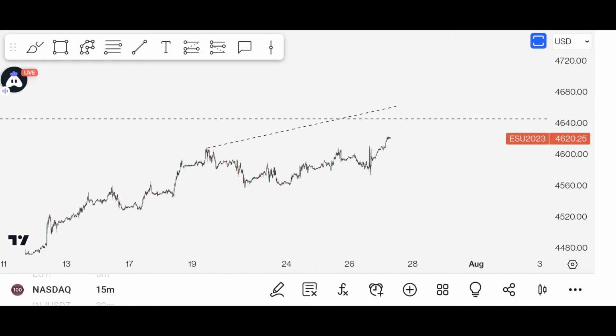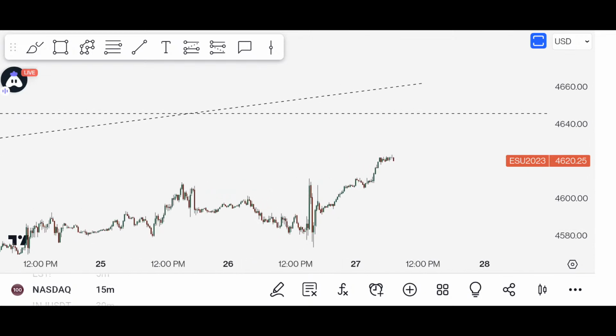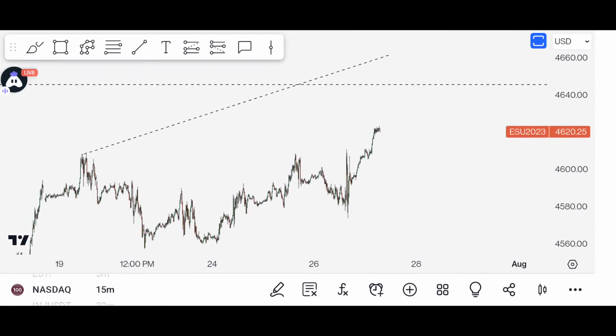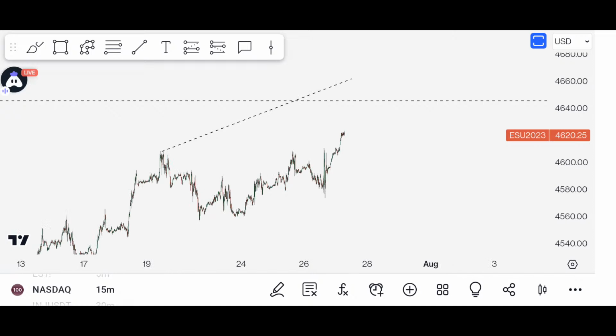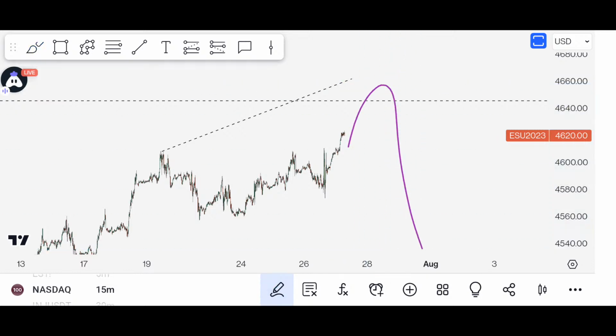So right now, stay safe. I'm not getting into any longs here because it's almost the top, so it won't give you an exit pump. Then it will dump straight from here. Let's see what happens.